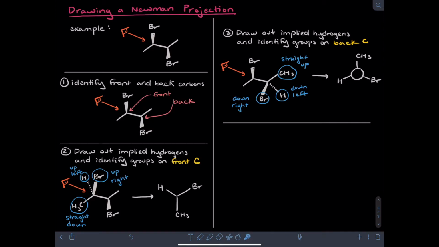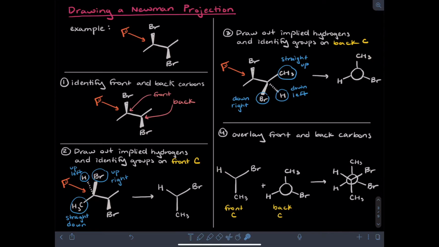I would draw my back carbon part of the Newman projection as a circle representing my back carbon. The CH3 group points straight up, wedged bromine points to the right, and dashed hydrogen points down and to the left. Once you've figured out locations on the front carbon and the back carbon, you just need to overlay them to get your final Newman projection.